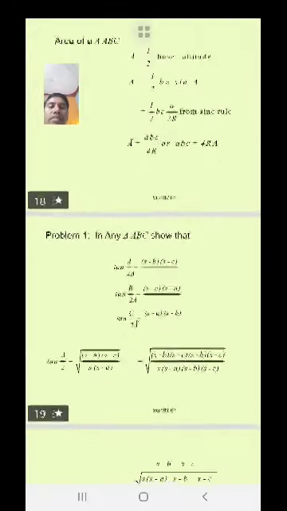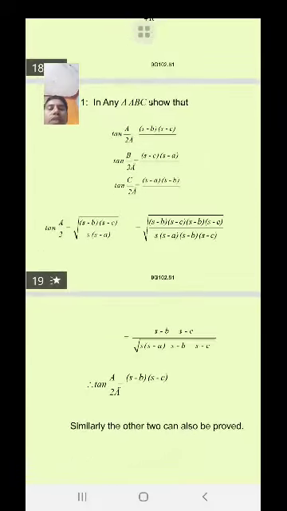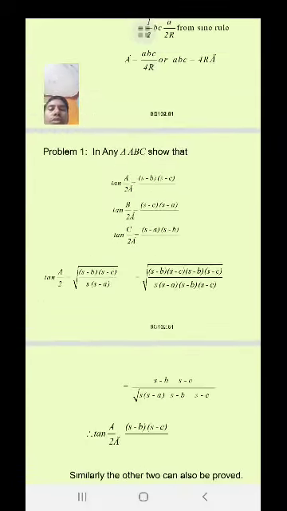Next, problems. In any triangle ABC, show that tan A by 2 into delta equals s minus b into s minus c, and tan B by 2 into delta equals s minus c into s minus a.